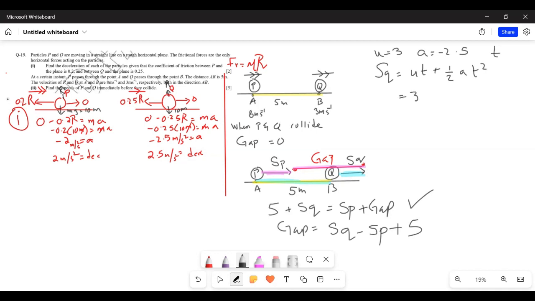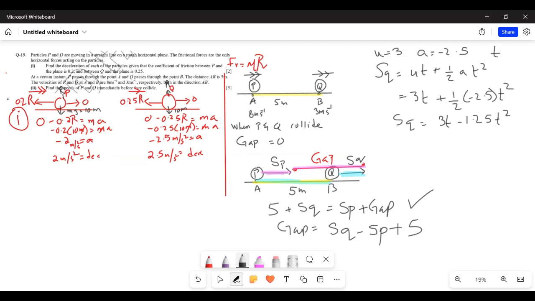So it's going to be 3t plus half minus 2.5 t square, which gives us 3t minus 1.25 t square.